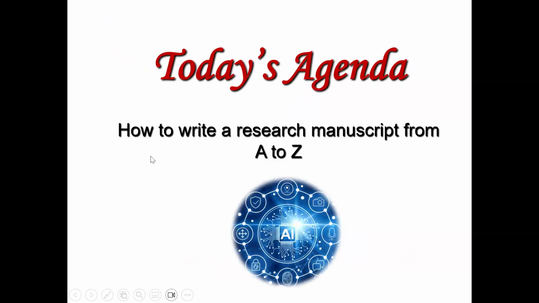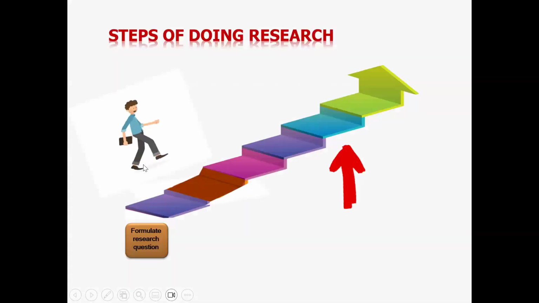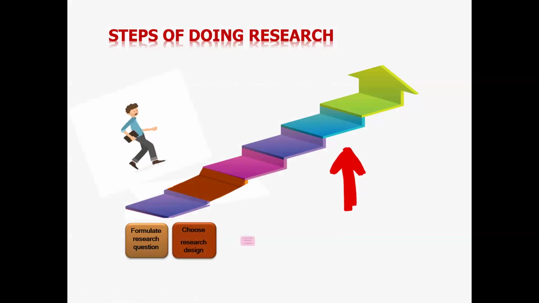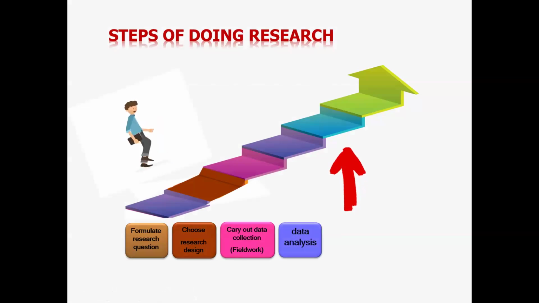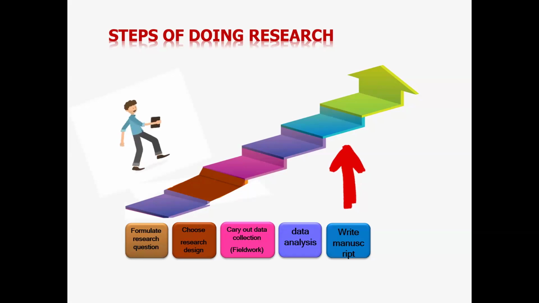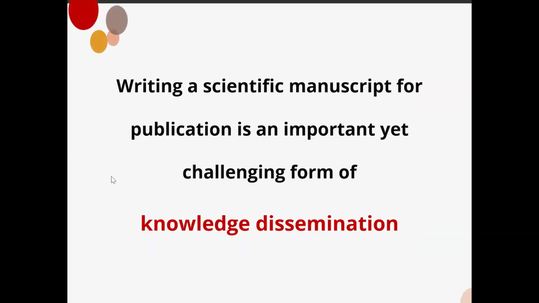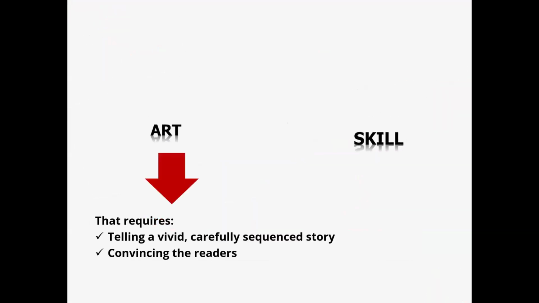Okay, so let us move. Today our agenda is how to write your research. We already started our steps in doing research by formulating our research question, selecting the study design, and getting an idea about data collection and data analysis. Today we are going to focus on how to write your manuscript. Writing a scientific manuscript for publication is important, and also a challenging form of knowledge dissemination.